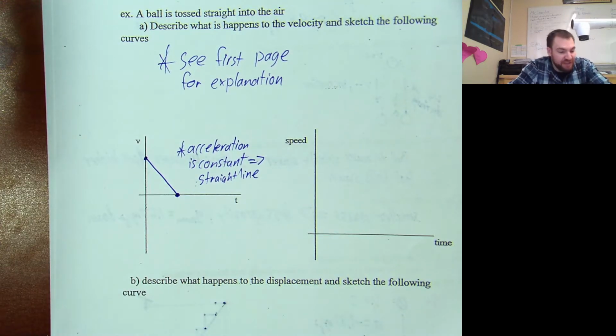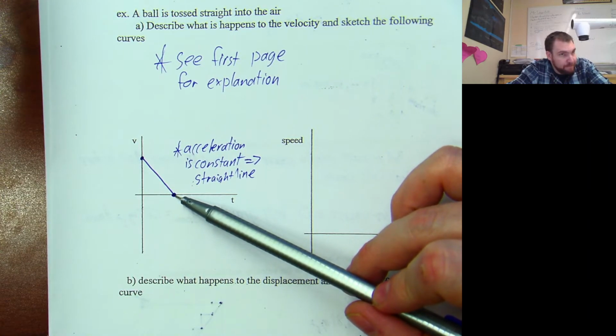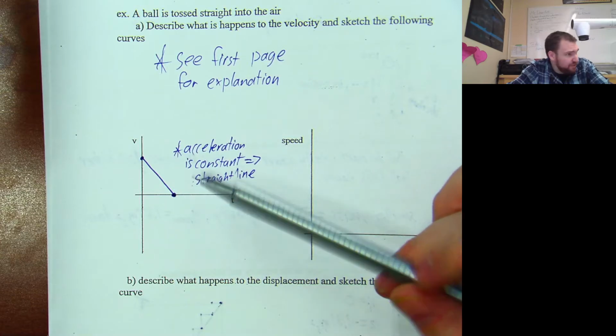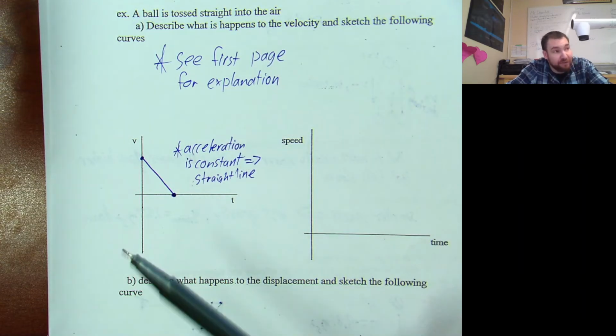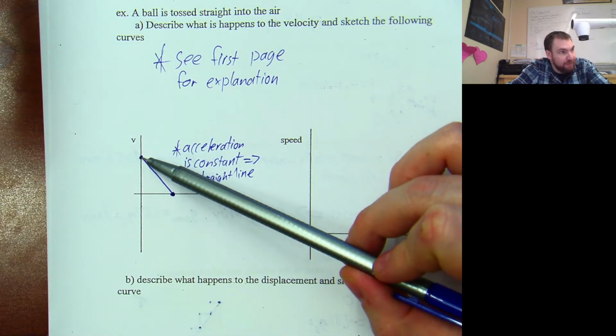Okay, so then what's going to happen? This point right here is when? That's a good question. This is a VT graph, not a DT graph. This is where I first threw my object up.